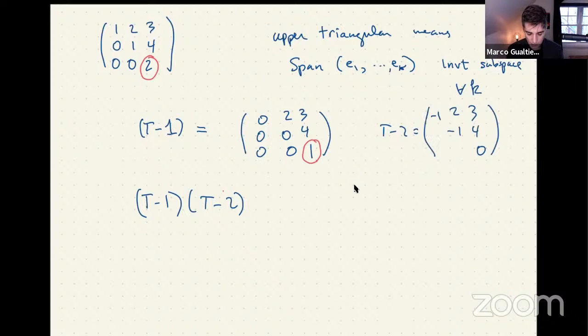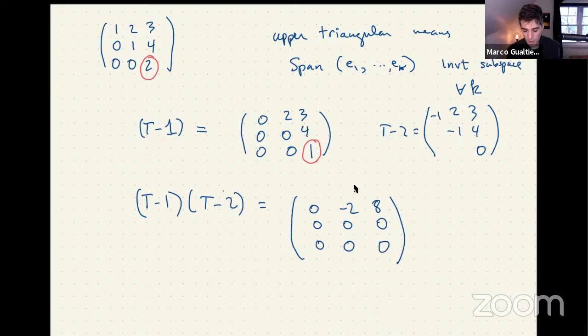Okay, and if I take the product here, then you're going to see what's happening. So I'm going to get 0, something, whatever it is, -2, 8, and then 0, 0, 0 in this case, and then 0, 0, 0.